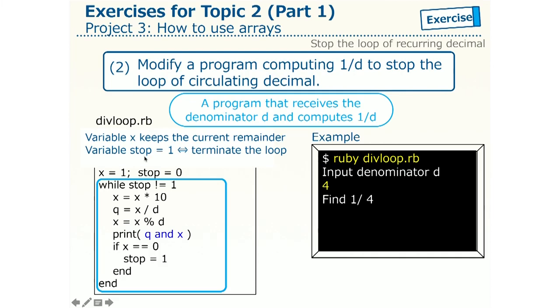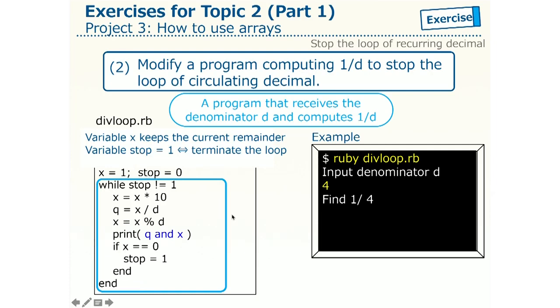More specifically, we use the variable stop here in the condition of the while loop. Recall that this exclamation mark and equal sign means not equal. So this condition means that the next round is executed if the value of stop is not 1. Otherwise, if it is 1, then this while loop is terminated, which is in fact the end of the program, end of the computation. So initially, we set the variable stop to 0.